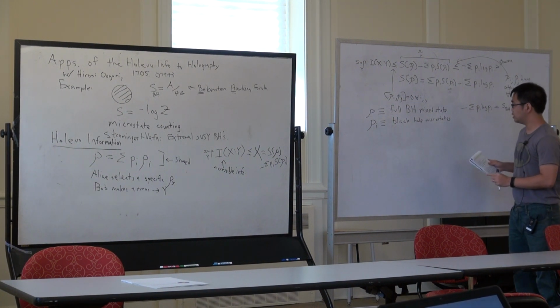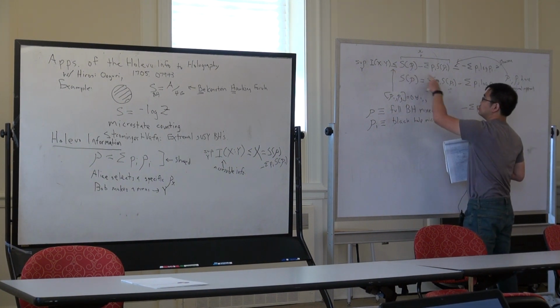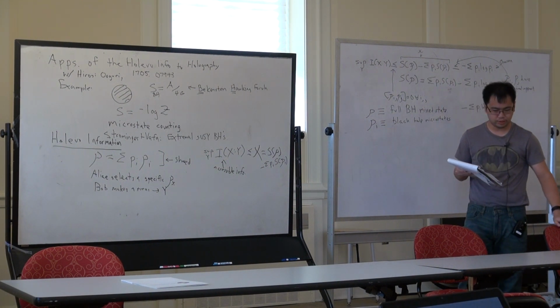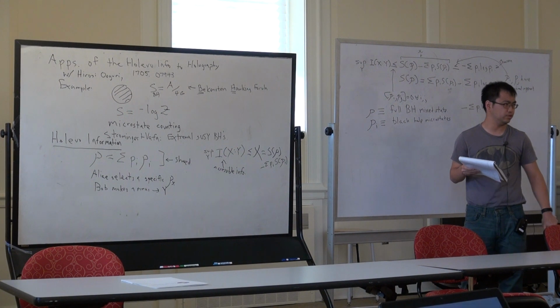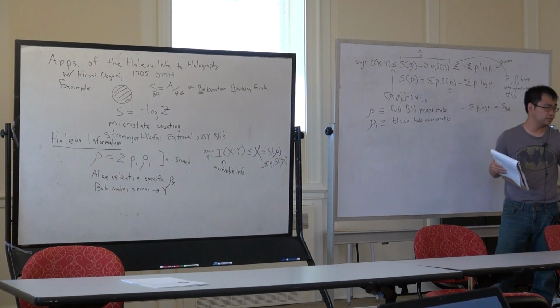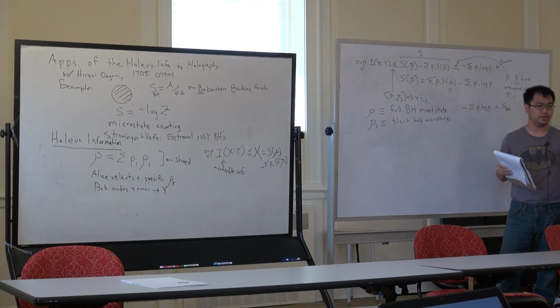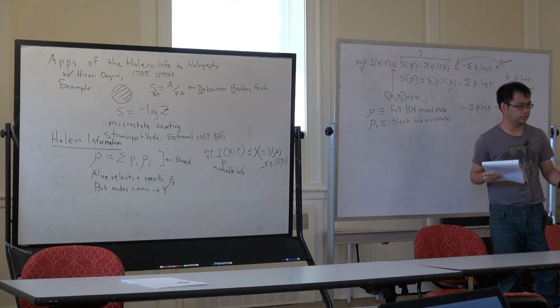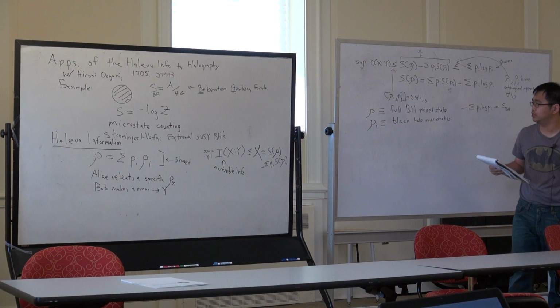Now, we can consider what happens to this equation, but perhaps before we do that, we should consider this in the context of the toy model that everyone's been talking about, in particular the AdS-CFT correspondence. Because the AdS-CFT correspondence allows us to calculate entanglement entropies in terms of geometric quantities, so things that we understand.